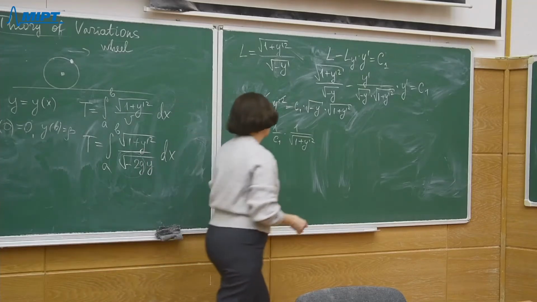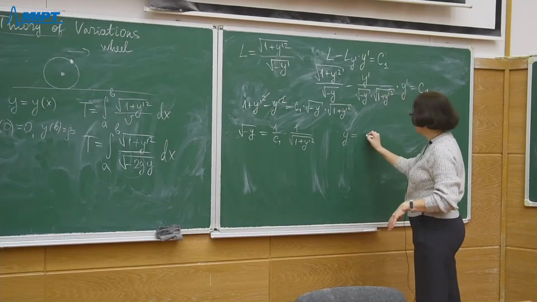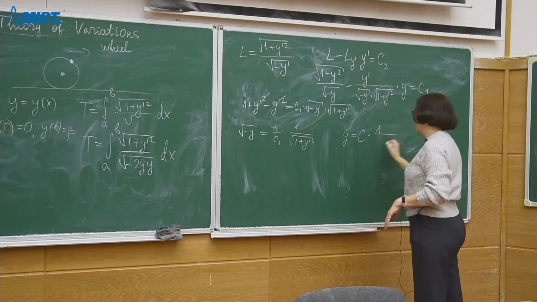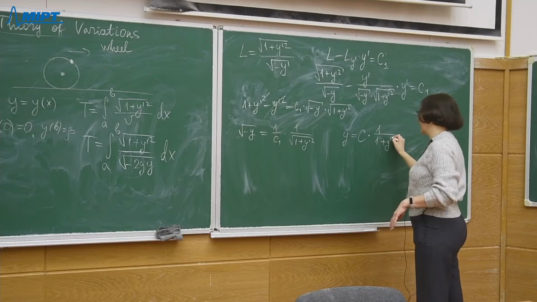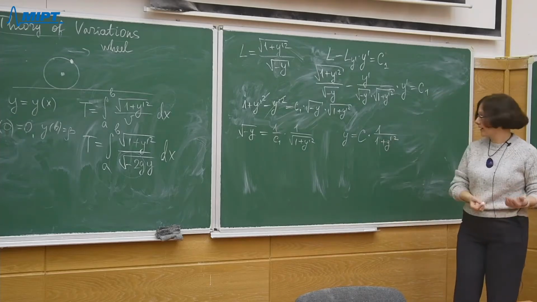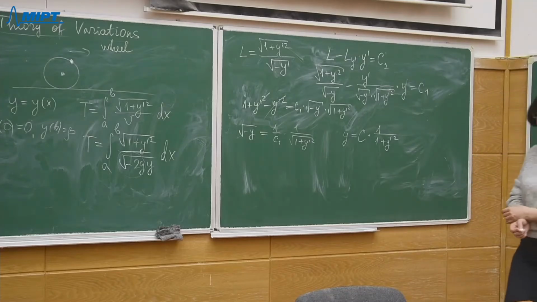On squaring both parts, we get y equals some constant times 1 over 1 plus y prime squared. So y is negative, and so our constant is negative. Am I right? I'd like to check.